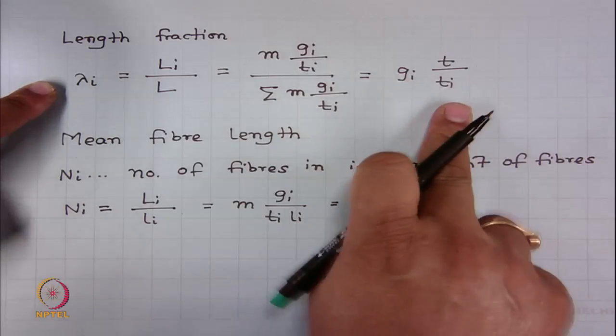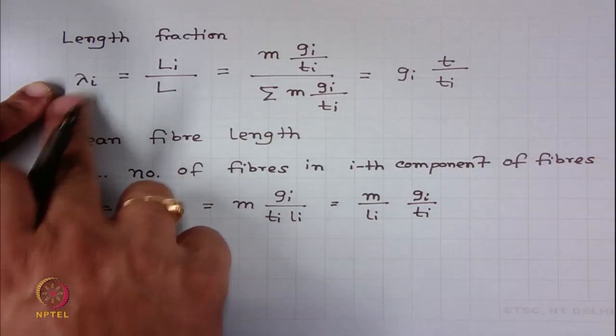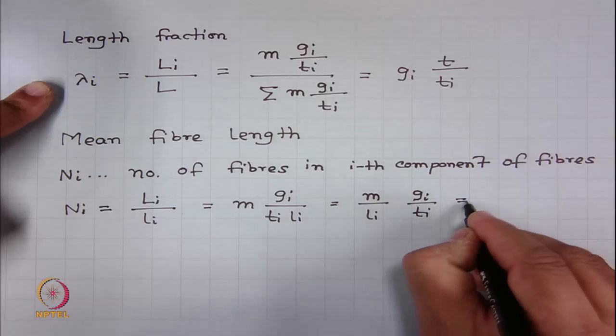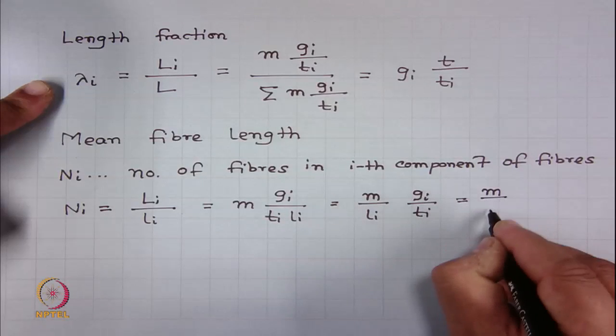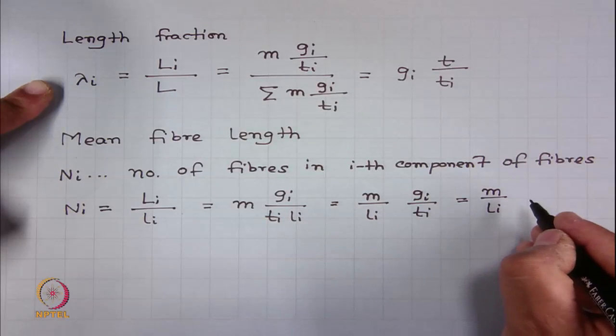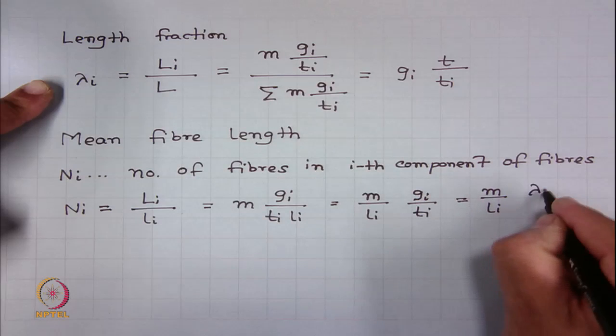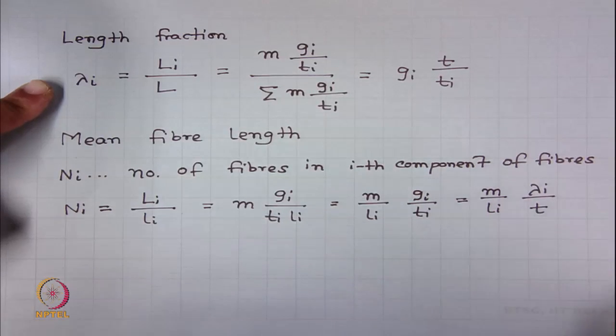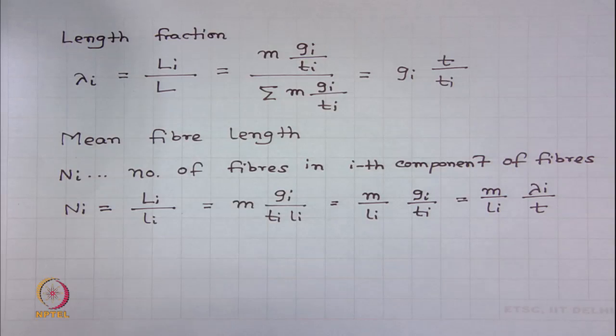Gi by Ti is equal to lambda I by T. So, what is total number of fibers available in the blend?